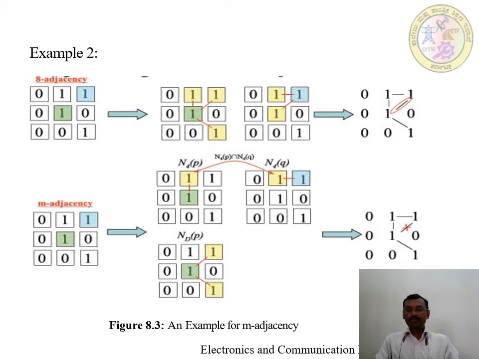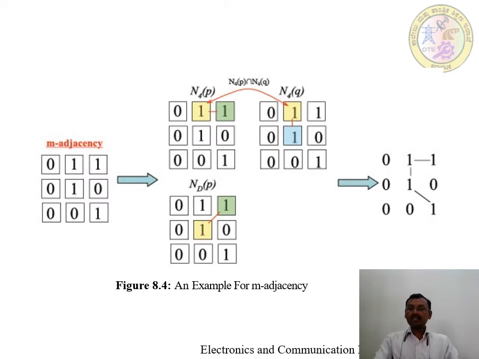that is N4 of Q. And similarly, the intersection between these two has no pixels you have to consider to generate the M adjacency. That means the multiple paths established during the 8 adjacency, that confusion we have to eliminate using M adjacency. That means the diagonal path we have to eliminate.